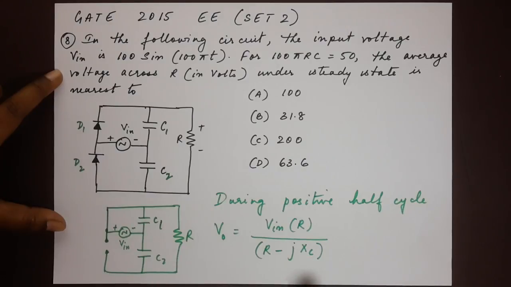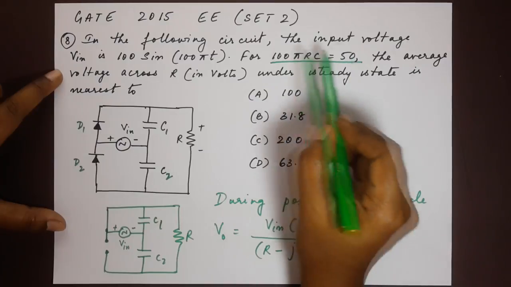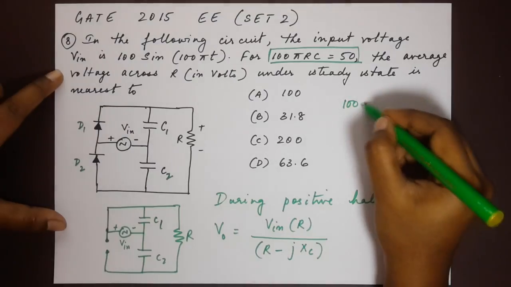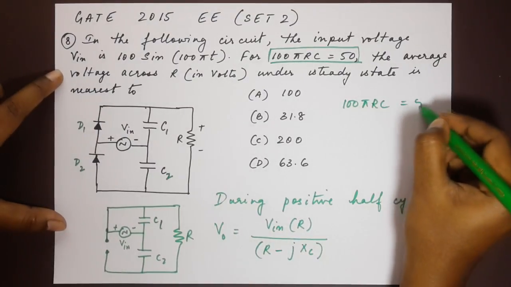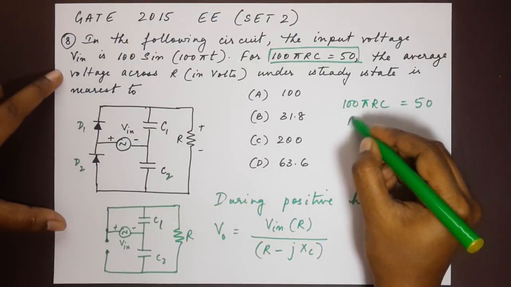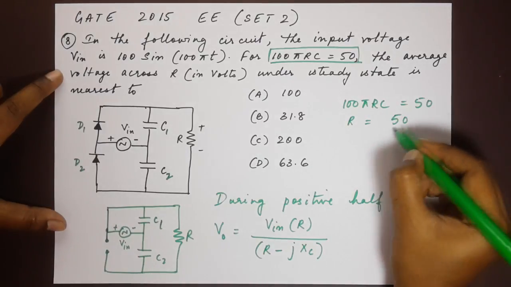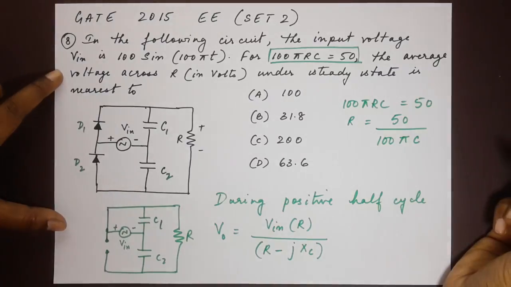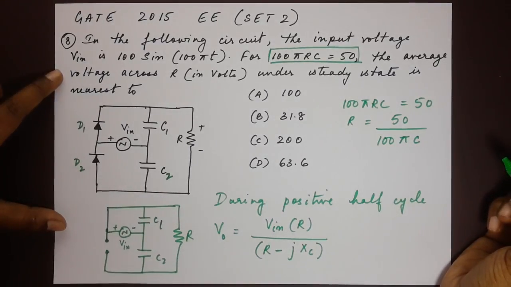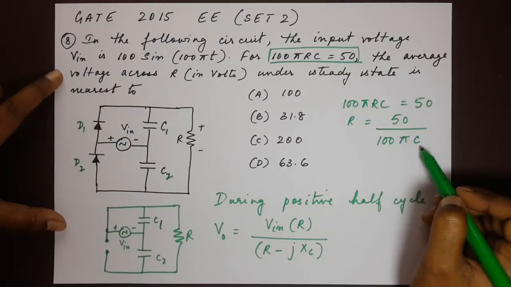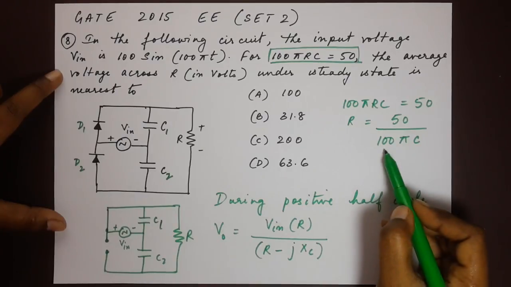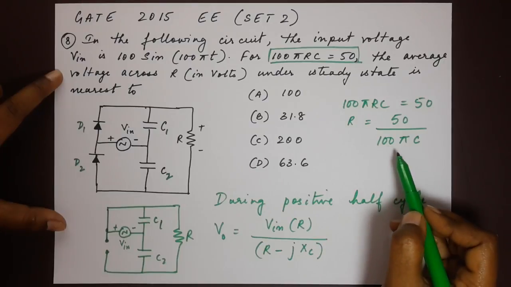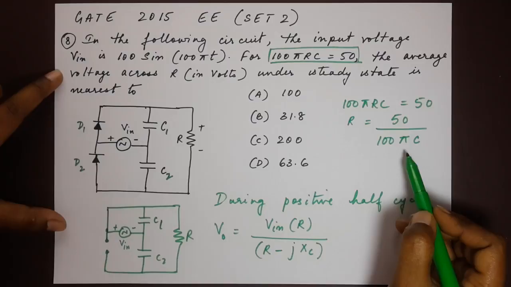Now the expression is 100 pi RC equals 50. So when 100 pi RC equals 50, let's find out what R is. R would be 50 divided by 100 pi C, right? Now notice what 1 divided by 100 pi C is. 100 is 2 into 50, right? Now 50 is the frequency.